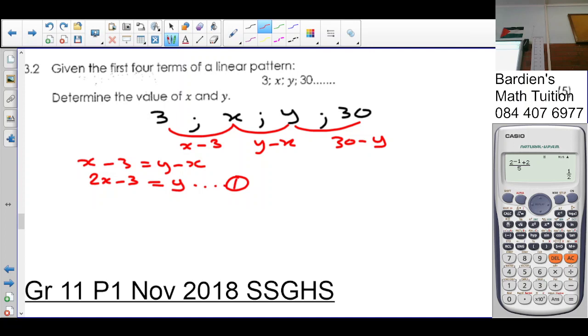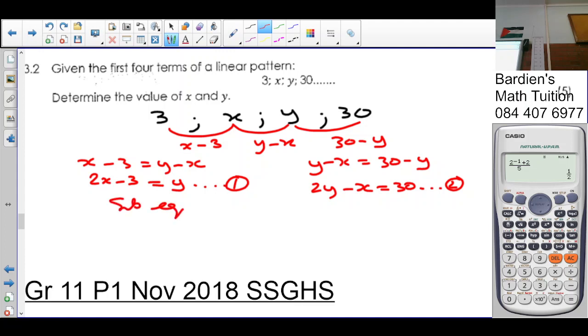Okay. On the other hand, we've got y minus x is equal to 30 minus y. Take that over, it becomes 2y minus x is equal to 30. In this equation 2, I needed to make in one of the two equations x or y the subject of the formula, not so? Since I already made y the subject of the formula in equation 1, I don't have to do it in equation 2. Okay. So now we're going to substitute equation 1 into equation 2.